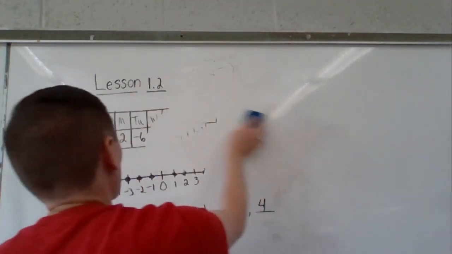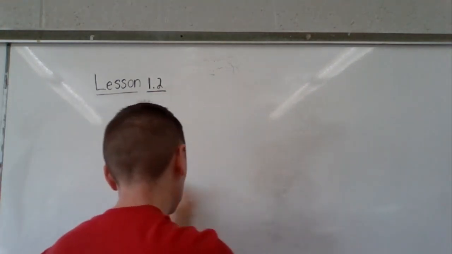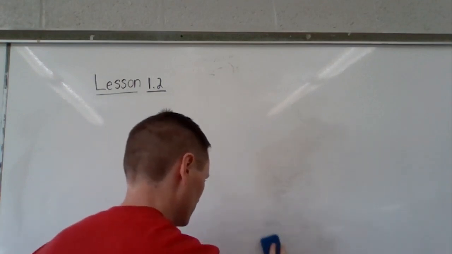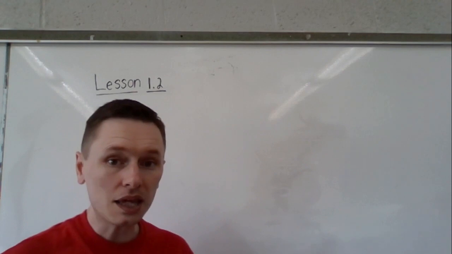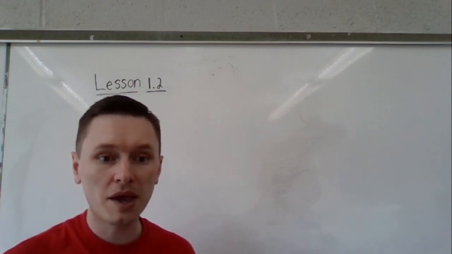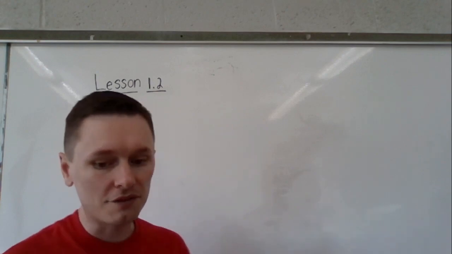Okay, so now we're going to move on to writing inequalities. And an inequality just means that something is not equal to something, but we can still compare things, okay? So it's a statement that two quantities are not equal.